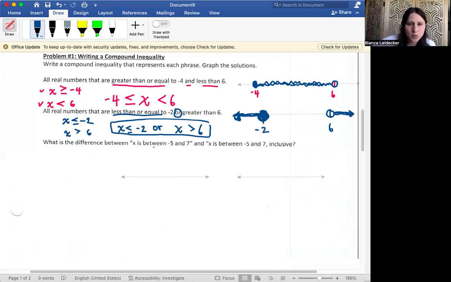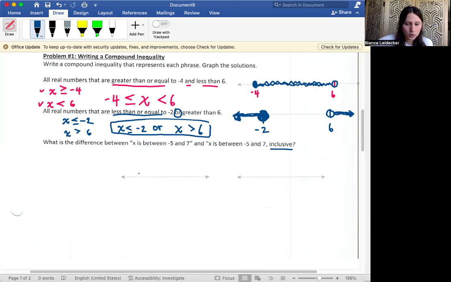What's the difference between x is between -5 and 7 and x is between -5 and 7 inclusive? So what is the difference here? The word inclusive means it includes -5 and 7, whereas x being between -5 and 7 is open.